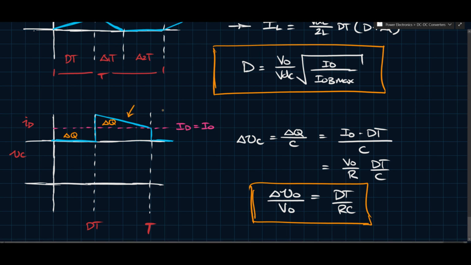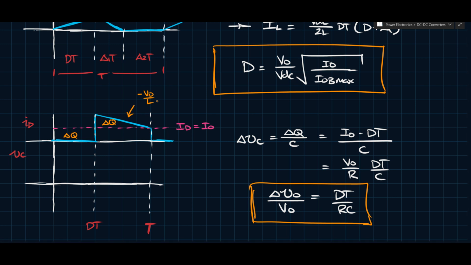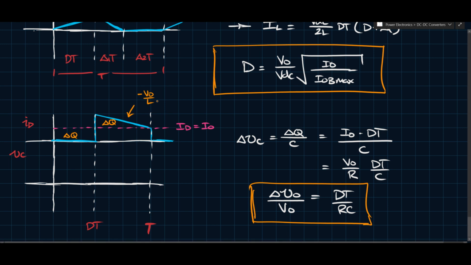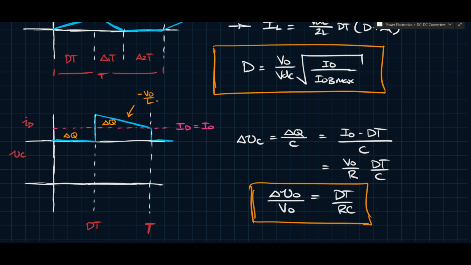During the second part, you know what this expression is: minus VO over L. You can plug that into the IC equals C dV/dt equation, and then you get some expression in terms of L's and C's, as we have in the boost converter video as well as the buck converter video, I think. So there are multiple ways to model this ripple, and this is just one such approach. Maybe as an exercise you can do that, and you'll find that the number you get at the end of the day is roughly the same.